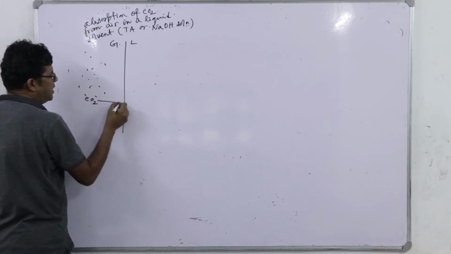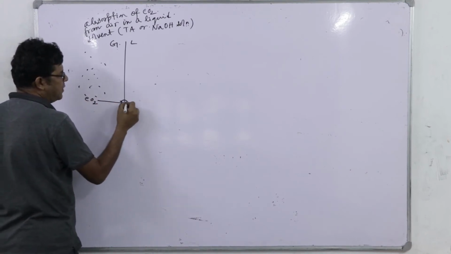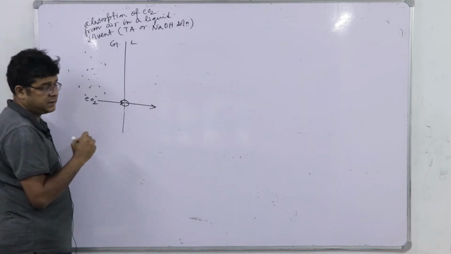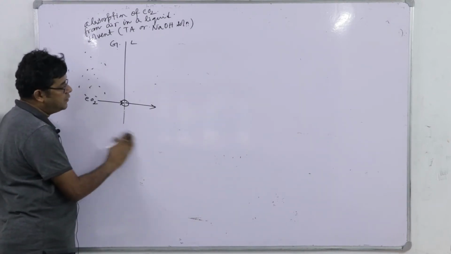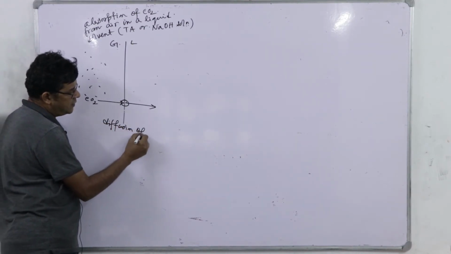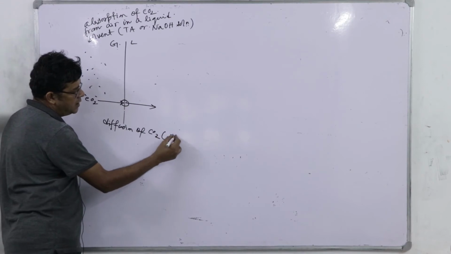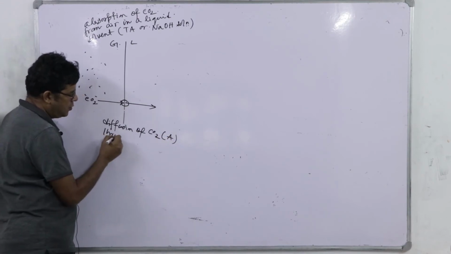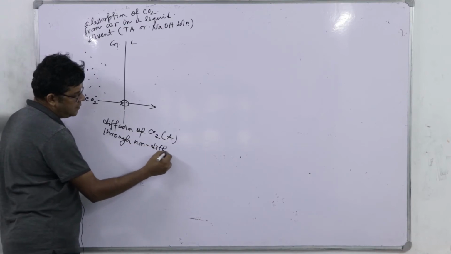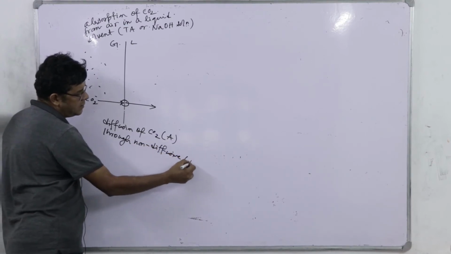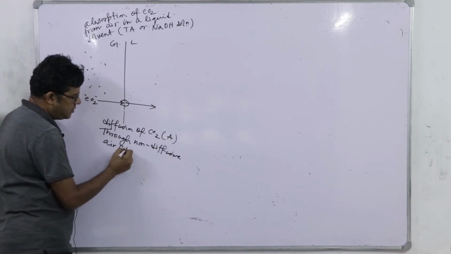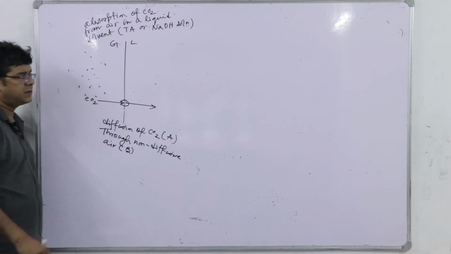So, CO2 only will diffuse to the interface, get dissolved, and further diffuse into the bulk of the liquid, but air will not. So, it is a diffusion of CO2, which we call, let us say, A, through non-diffusive B, non-diffusive air, which is B.